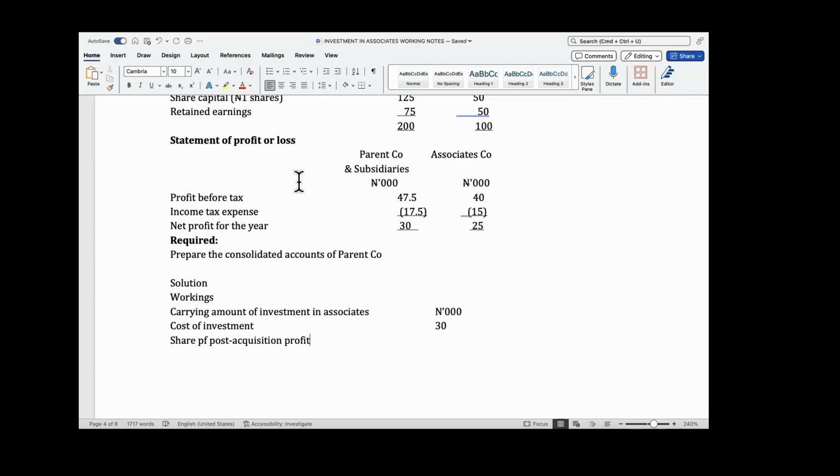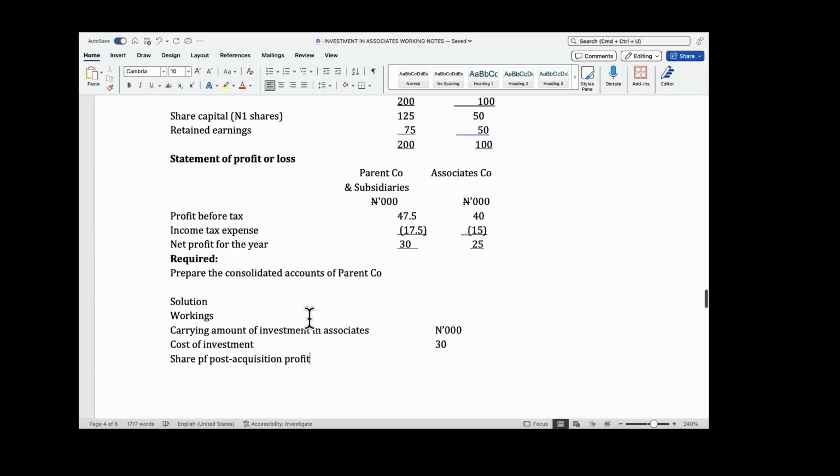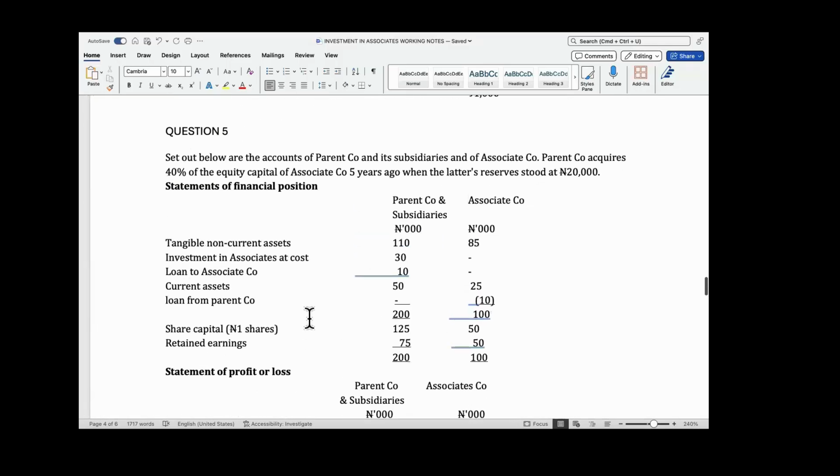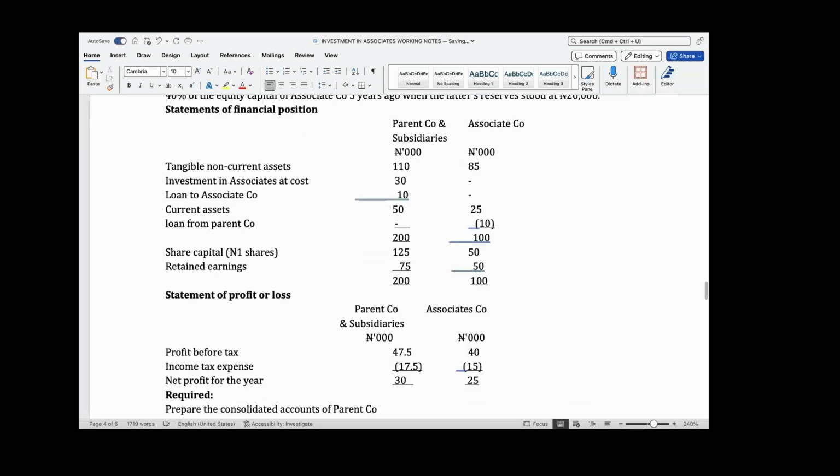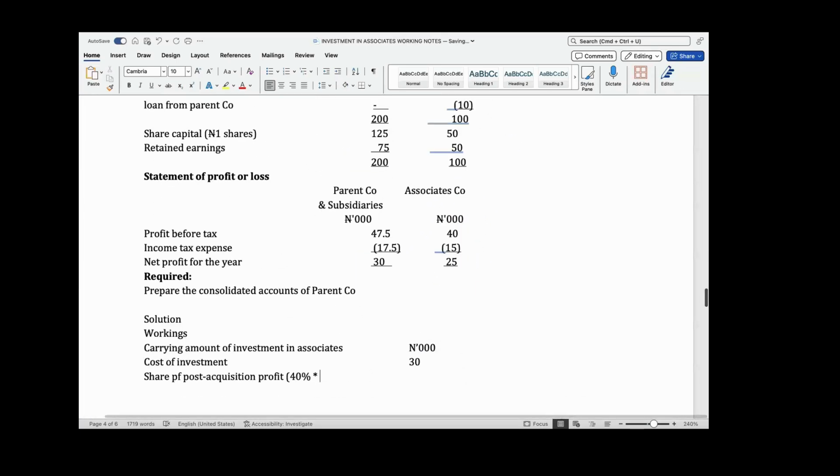Okay, so moving on, our share of profits, we have 40% holding in the associate. And what's the profit of the associate? Now, when you go to the P&L of the associate, the profit of the associate is actually 25. If you use 25 here, you will be wrong because this is the profit for the year of the associate.